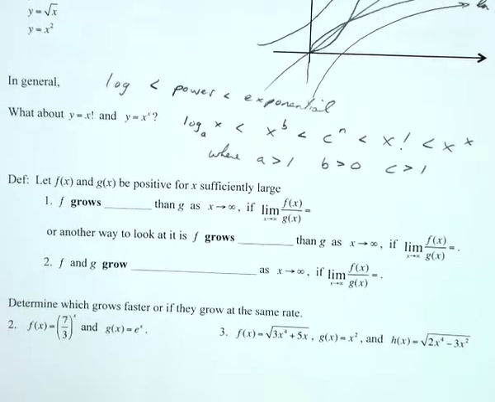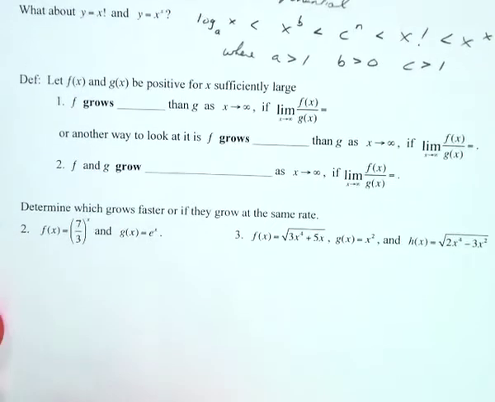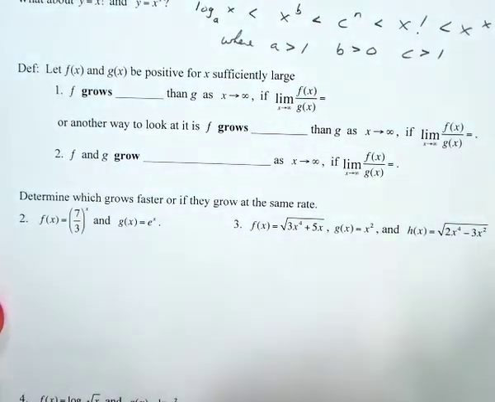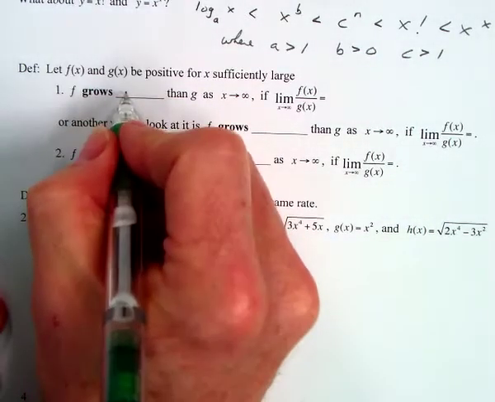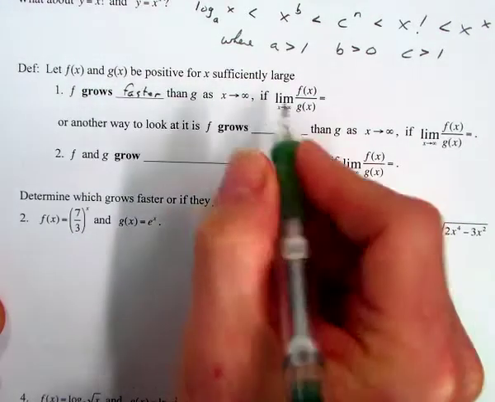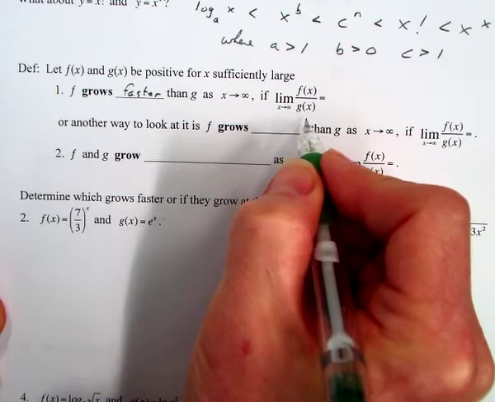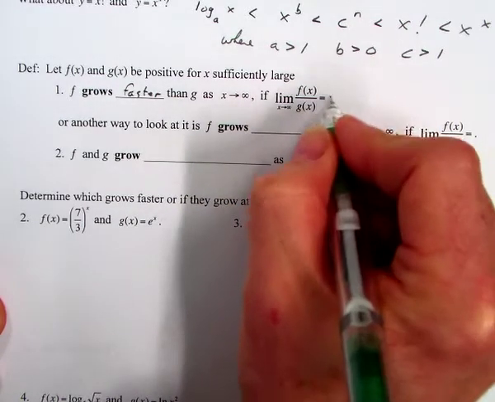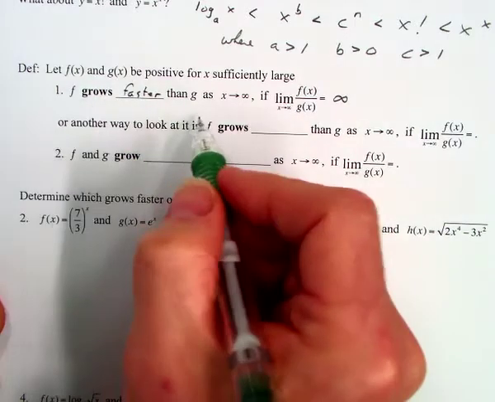All right, let's look at the definition. Let f of x and g of x be positive for x sufficiently large. F grows faster than g as x goes to infinity if the limit as x goes to infinity of f over g equals infinity. So in other words, f is dominating g.